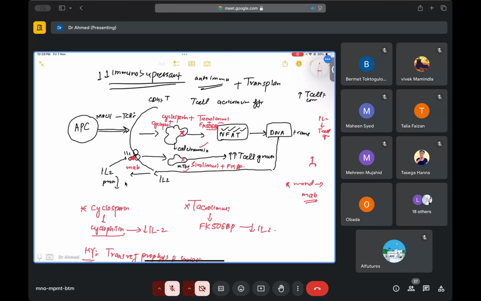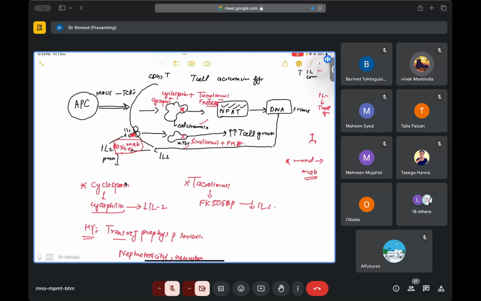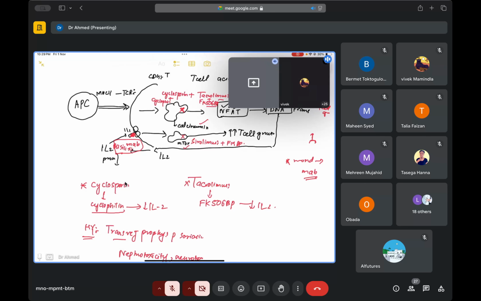That is basiliximab. Okay, basiliximab. Anyone who can find a mnemonic for the IL-2 inhibitor, that is basiliximab? Anyone who has something in mind who can share?